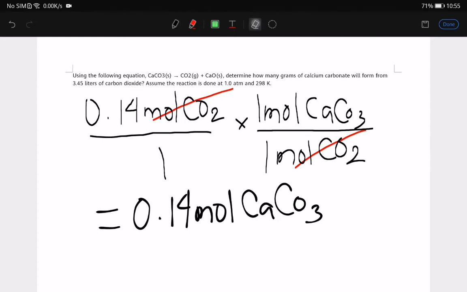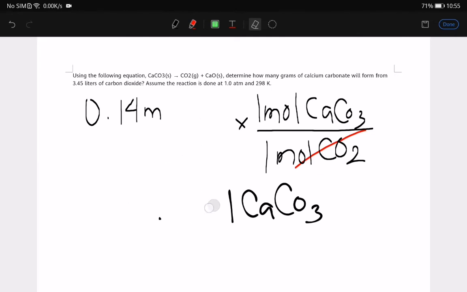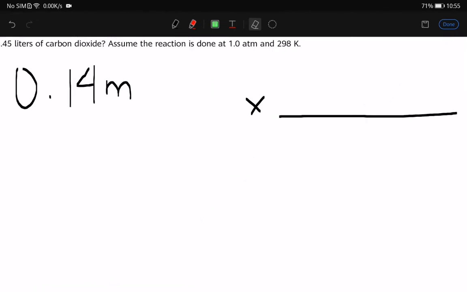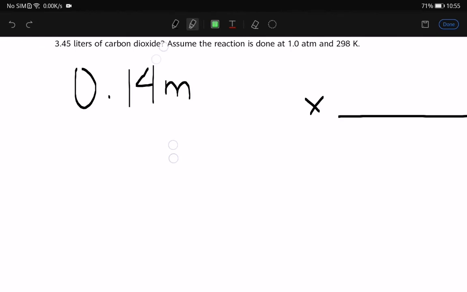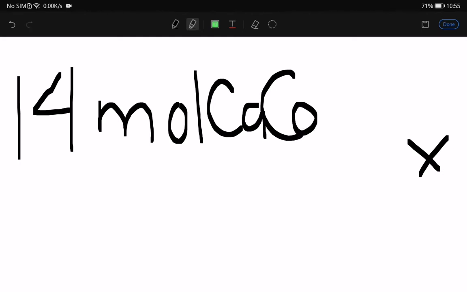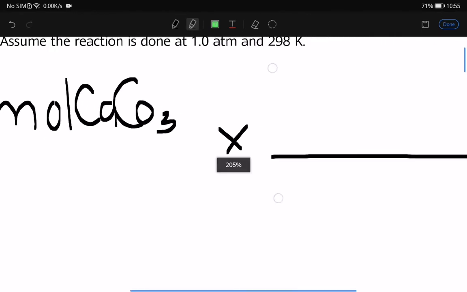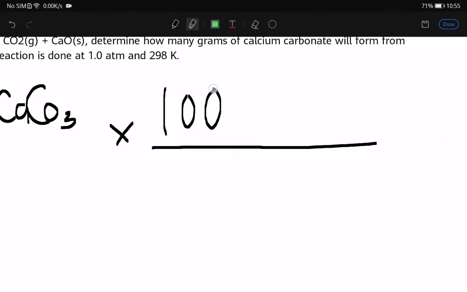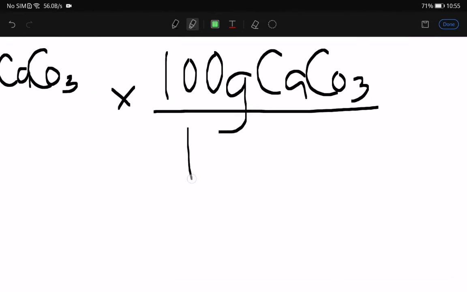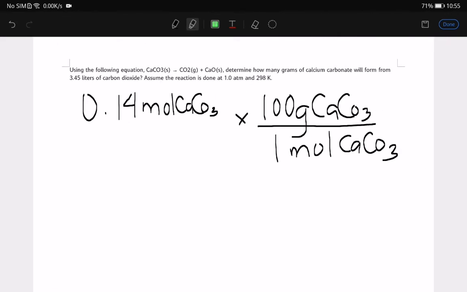So barin muna natin to. So 0.14 moles of calcium carbonate, meron kang 100 grams of calcium carbonate for every 1 mole of calcium carbonate, or CaCO3.